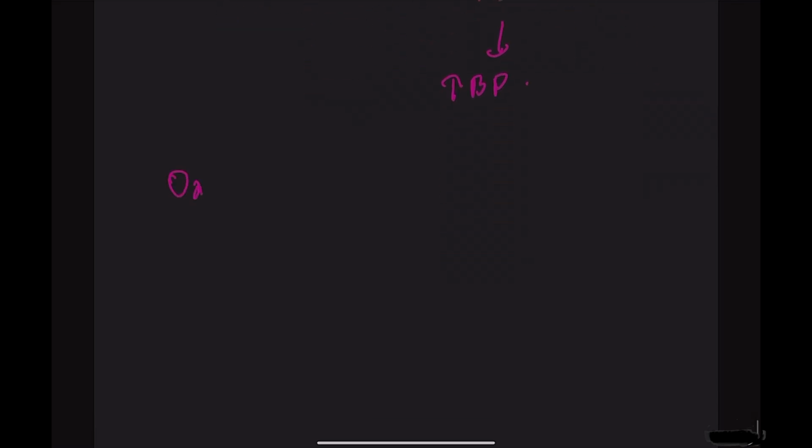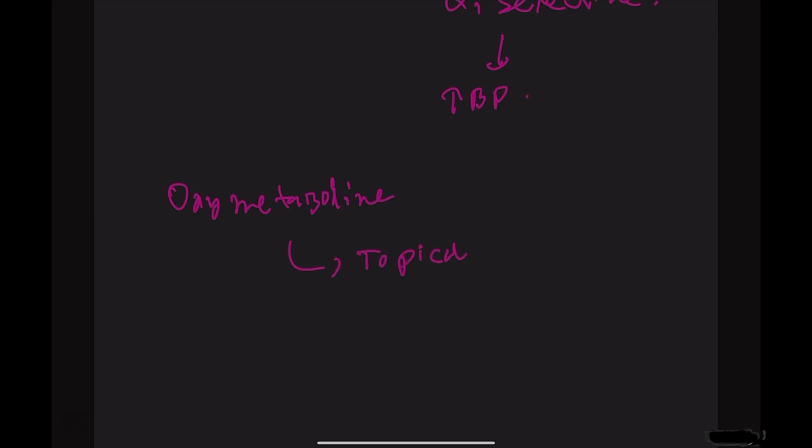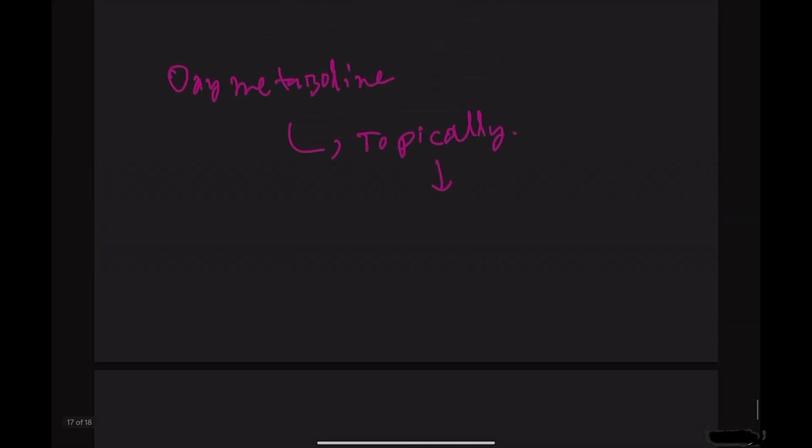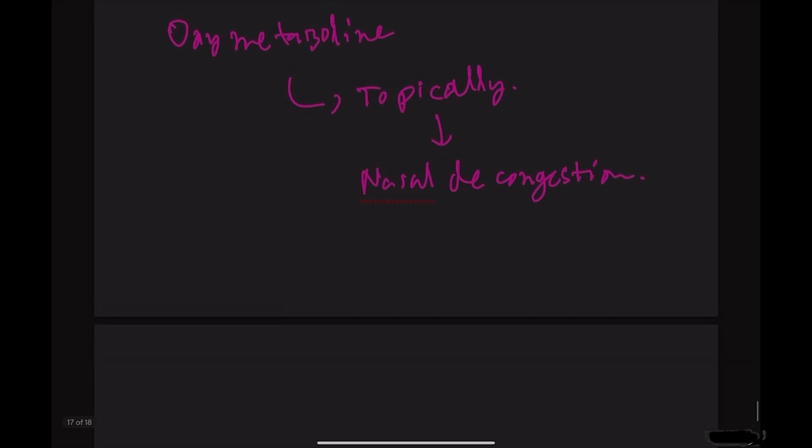Then there is a drug called oxymetazoline. This is also an alpha-1 agonist, and it is used topically for nasal decongestion. It causes the mucosal blood vessels to constrict, and when the mucosal blood vessels constrict, nasal decongestion happens.